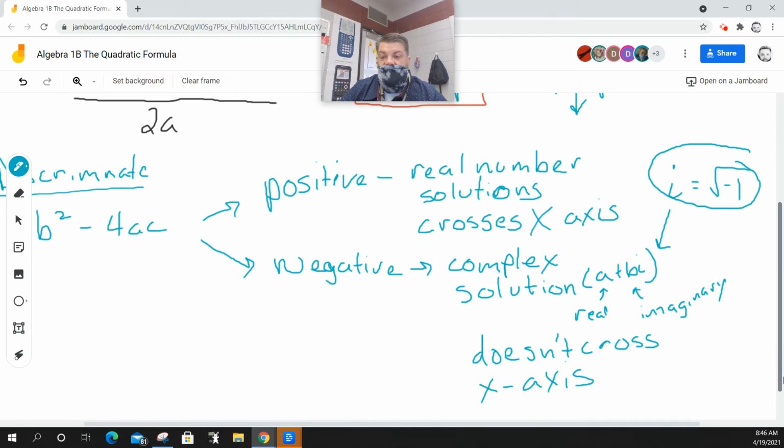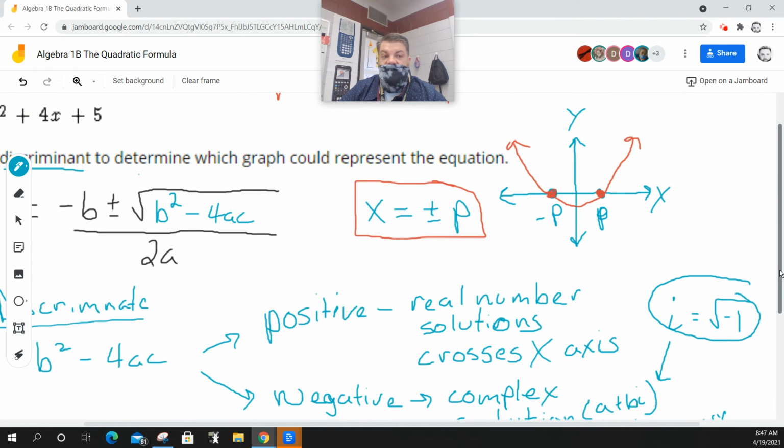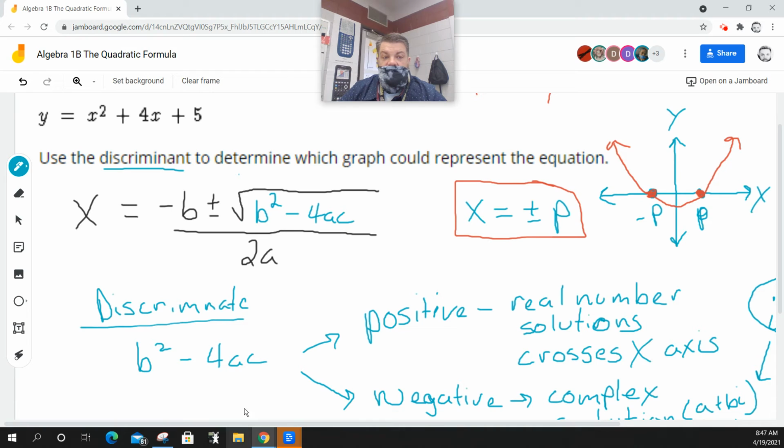So with all that being said, let's see what our a, b, and c are. So I'm going to slide up here. a then is equal to 1, b is equal to positive 4, and c is equal to 5. Okay?